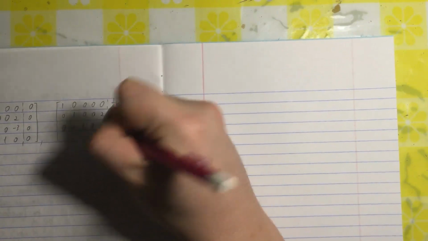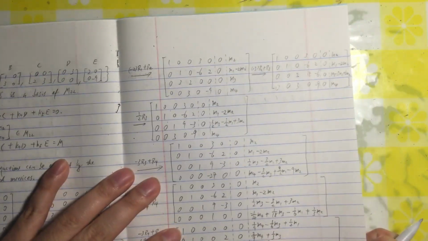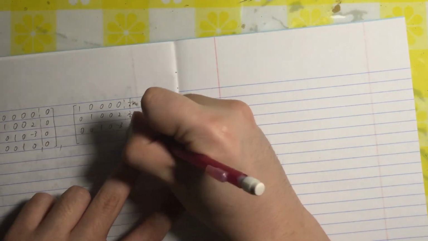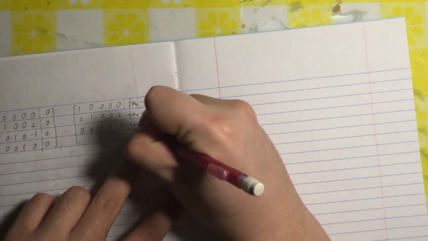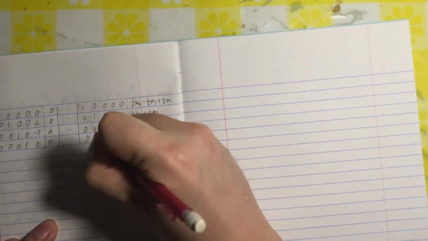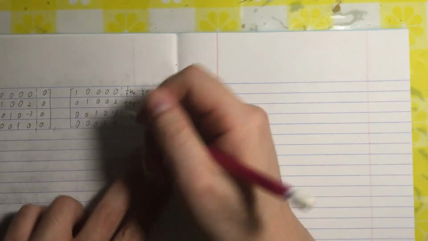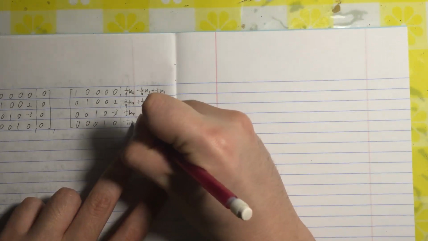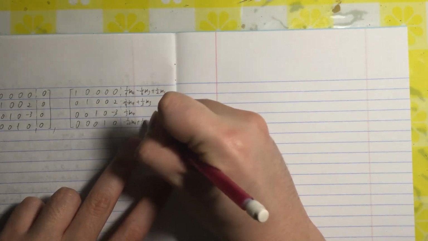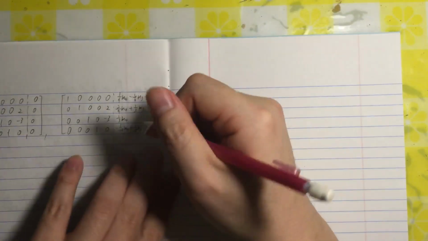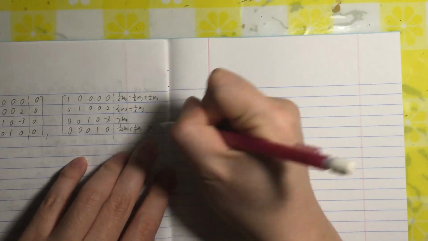Next row is 0, 0, 1, 0, negative 3 followed by 1 third of M4. Next row is 0, 0, 0, 1, 0 followed by negative 1 over 27 M4 plus 1 over 18 M3 minus 1 over 6 M1 plus 1 over 3 M2.